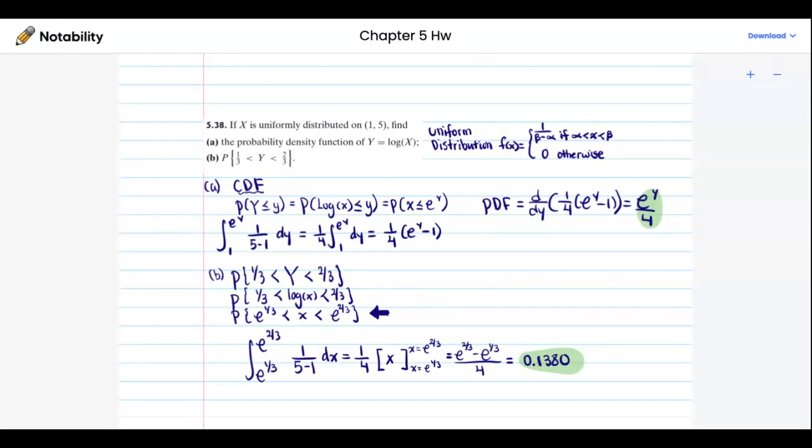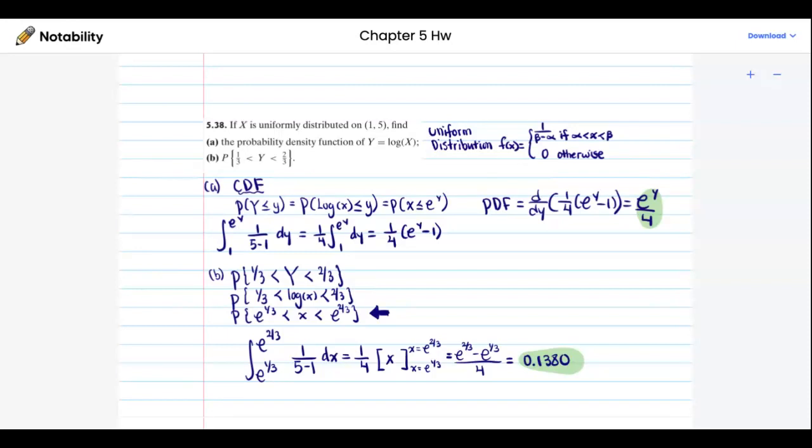Then we set up the integral where the lower limit is 1 and the upper limit is e to the y, of 1 over (5 minus 1) dy, which gave us the result 1/4 times (e to the y minus 1). To get the probability density function, we take the derivative and we got e to the y over 4. For part B, we need to figure out the probability that 1/3 is less than Y less than 2/3.